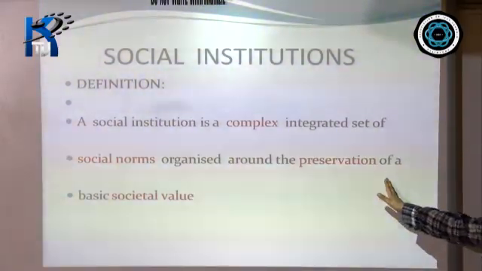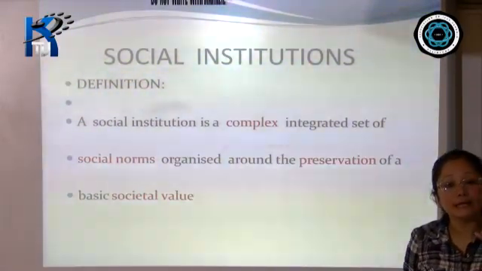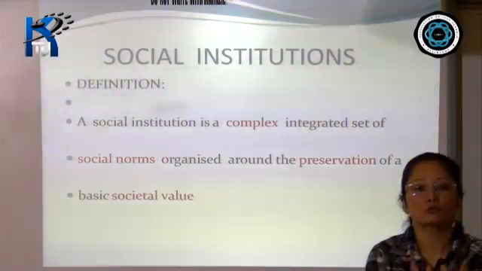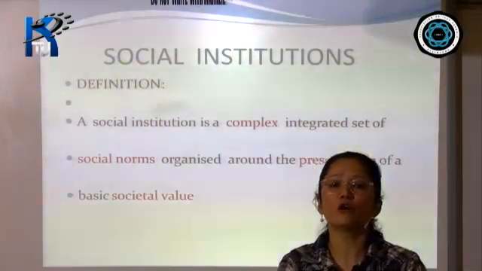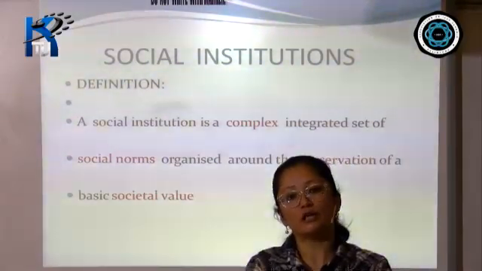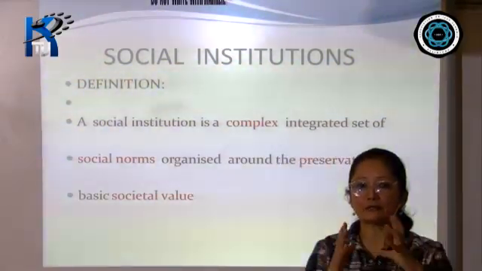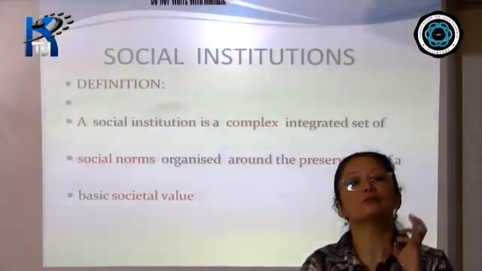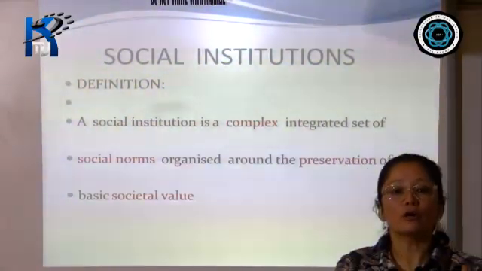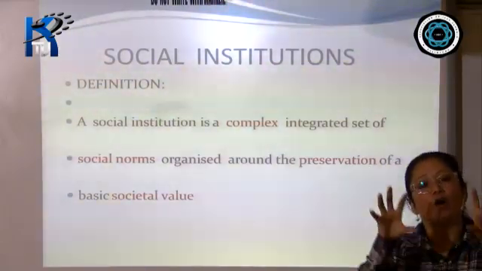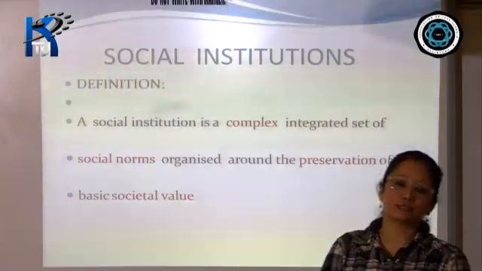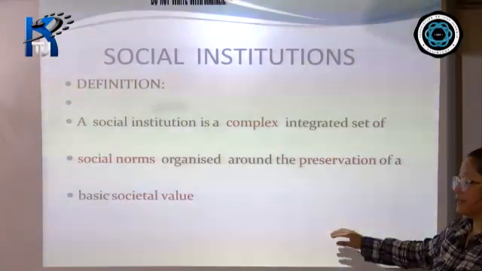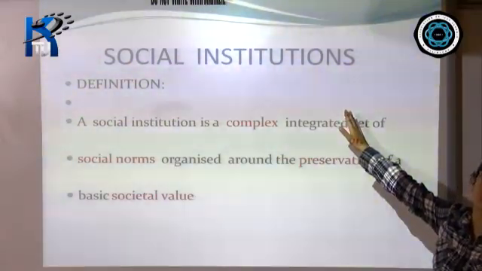To preserve the societal value, meaning to preserve the social order. We do not want chaos in the society. We do not want any kind of confusion in the society. We want discipline and we want order. So the role of maintaining order in the society is performed by the social institutions.